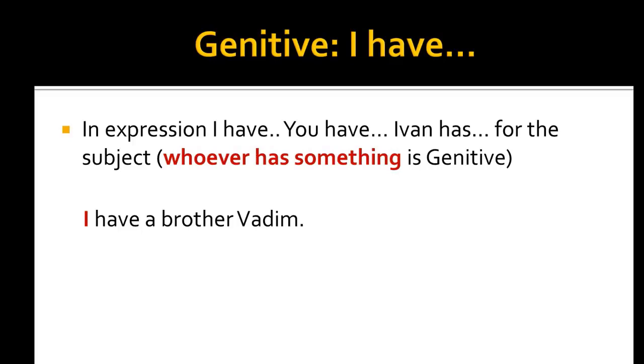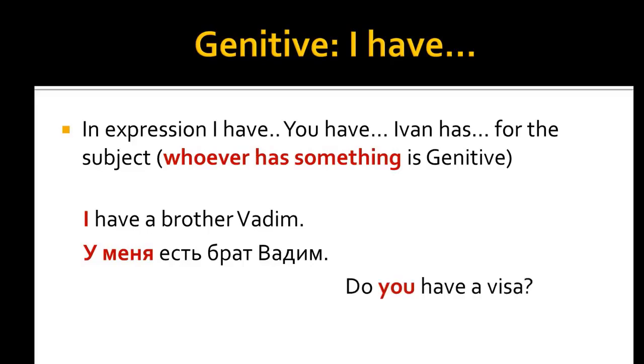And in Russian you say, «У меня есть брат Вадим», which basically means that something is at me or owned by me. Here is another example. Do you have a visa? In Russian it is, «У вас есть виза?» Please note that in this expression, the genitive noun is preceded by the preposition у: у меня, у вас.